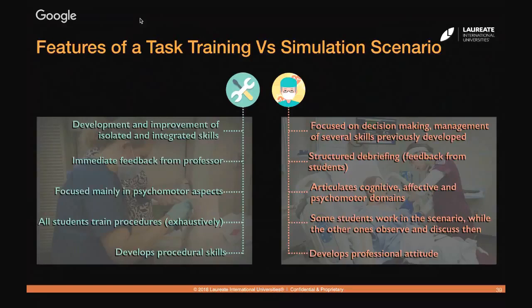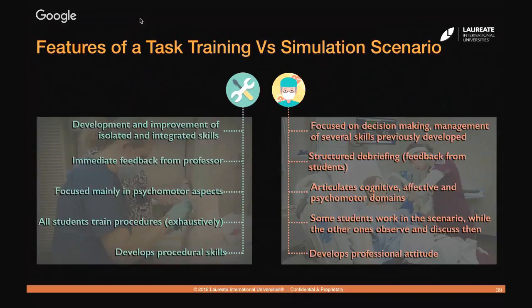We have developed some test trainings related to interviews, psychological probes, or active listening or something like that. And so we are innovating again. And when we talk about simulation scenario, we are talking about an experience that articulates cognitive, affective, and psychomotor domains.